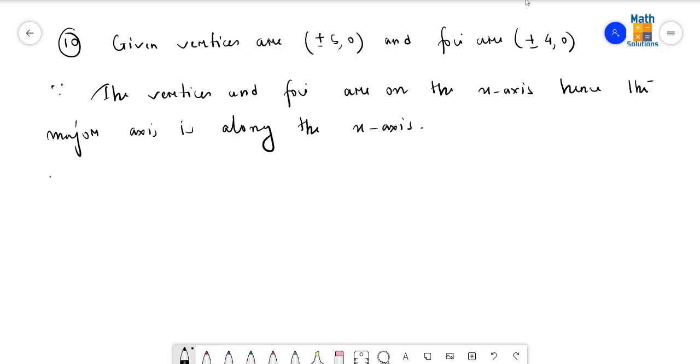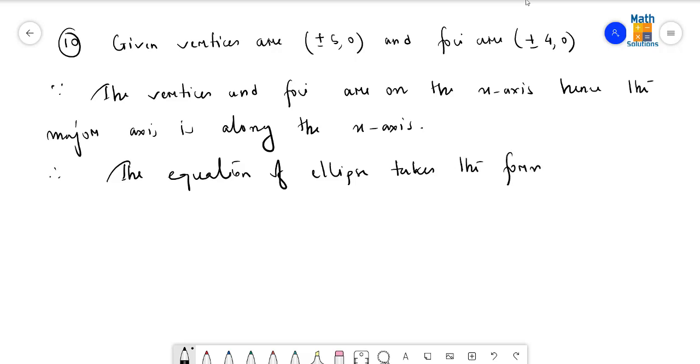Therefore, the equation of ellipse takes the form x square by a square plus y square by b square equals to 1. Let us mark this as 1.